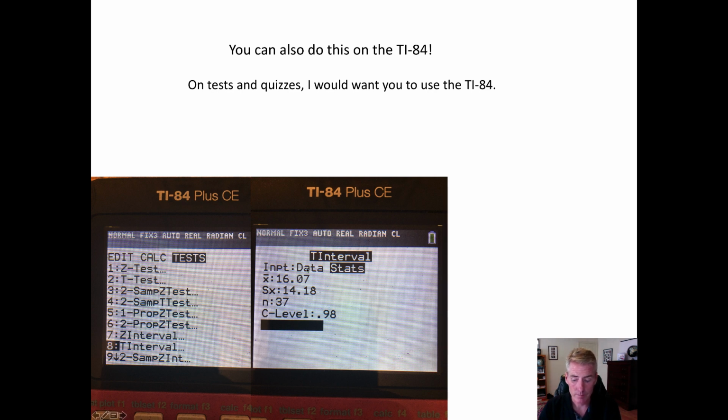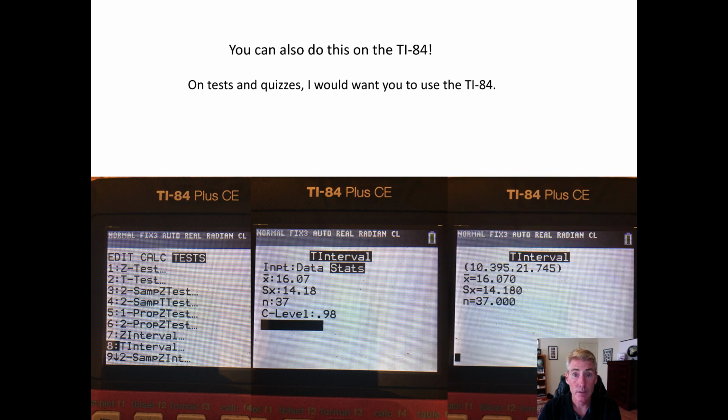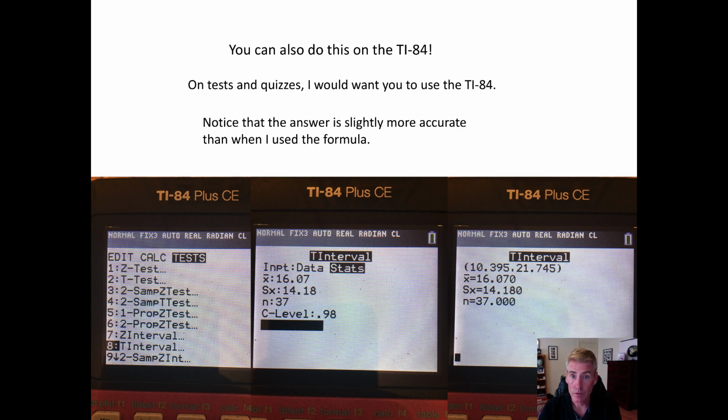Anyway, tell it what the confidence level is, go down to calculate, and ta-da, there's the answer. Now you'll notice that these numbers are just slightly different than what I got. They're actually slightly more accurate. So using the calculator is not only faster, easier, more fun, but it's also more accurate.